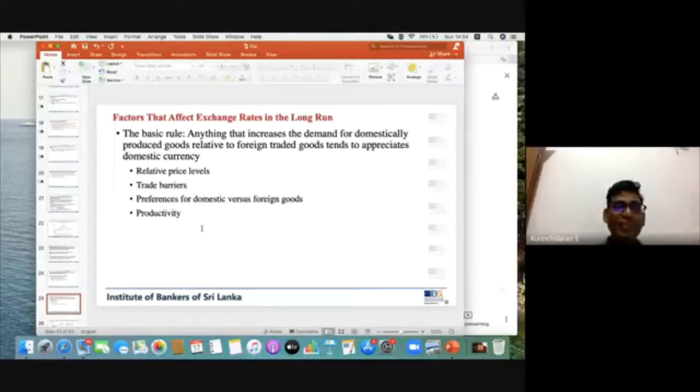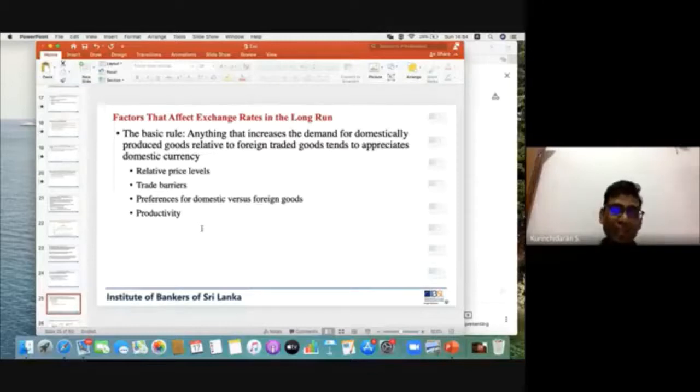Out of these four factors, any factor that can increase the demand for domestically produced goods relative to foreign traded goods matters. These are the important factors I have mentioned.